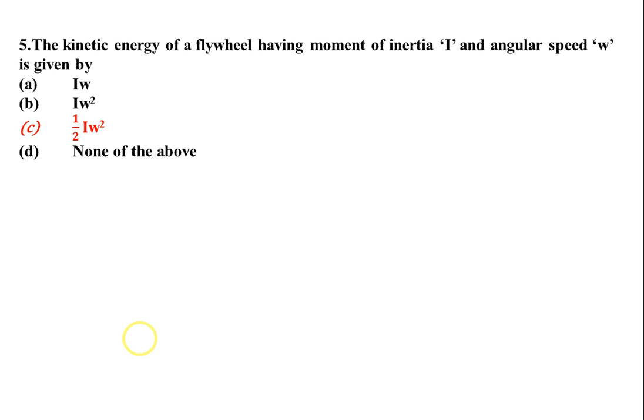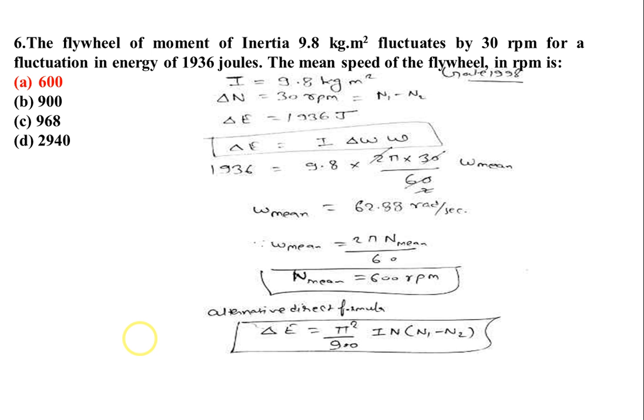The kinetic energy of a flywheel having a moment of inertia I and angular speed omega is given by half I omega square. The flywheel of moment of inertia 9.8 kg meter square fluctuates by 30 rpm for a fluctuation in energy of 936 joule. The mean speed of the flywheel in rpm is 600 rpm.